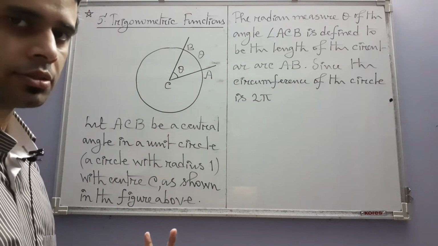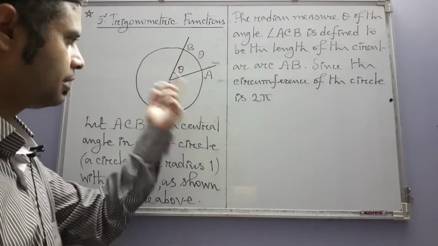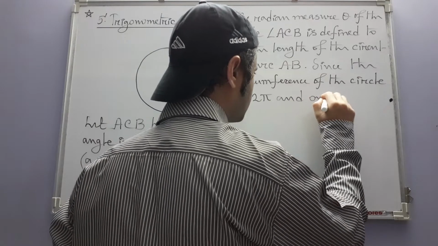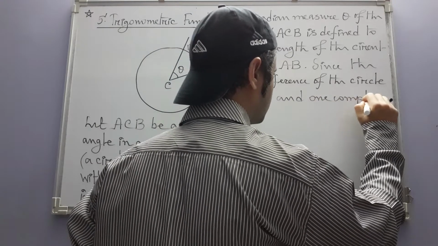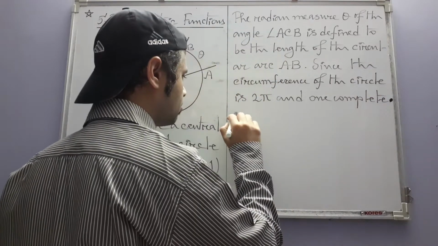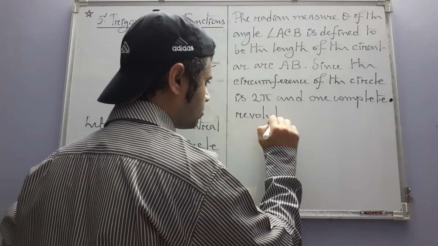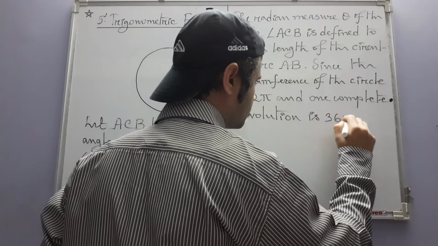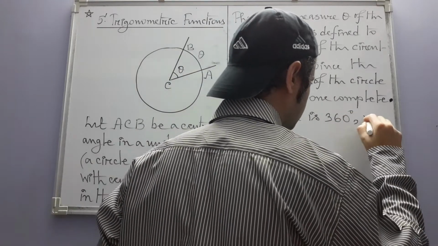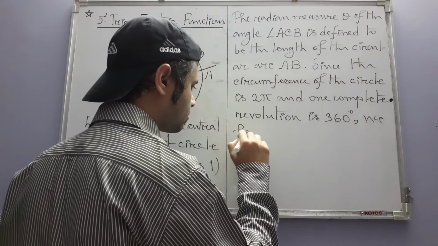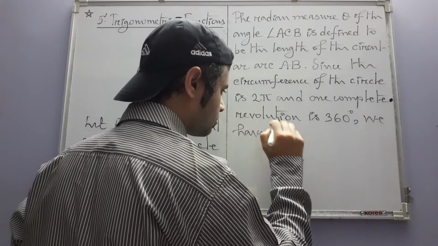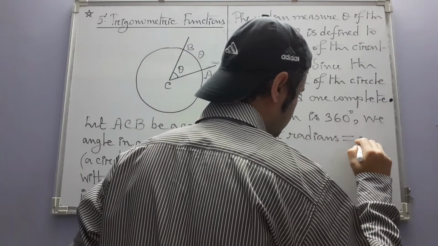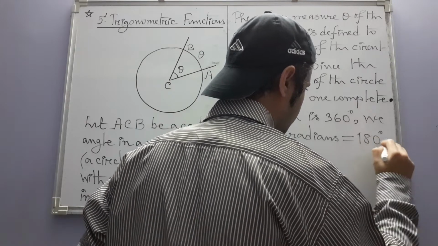Here that r is 1, so the circumference is 2 pi, the length of the entire circle. And one complete revolution is 360 degrees. We have pi radians equal to 180 degrees.